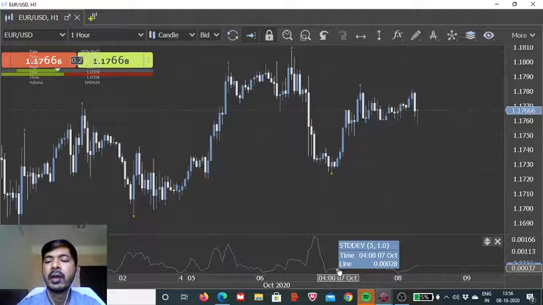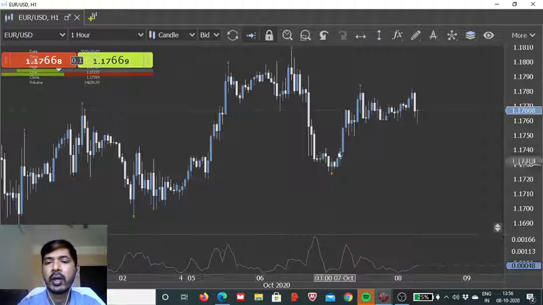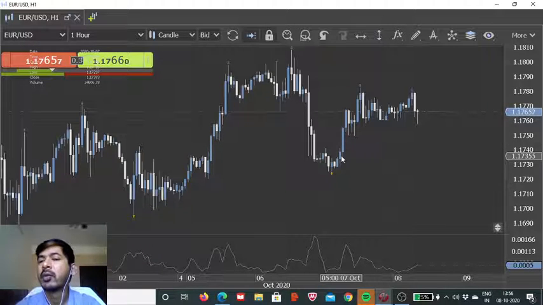Then using any indicator which will guide us in determining the trend, or even relying on price action, you can think about going in for fresh trading positions.